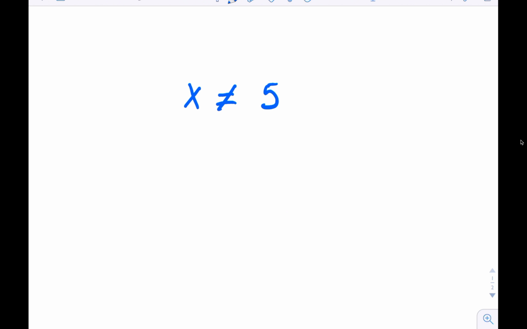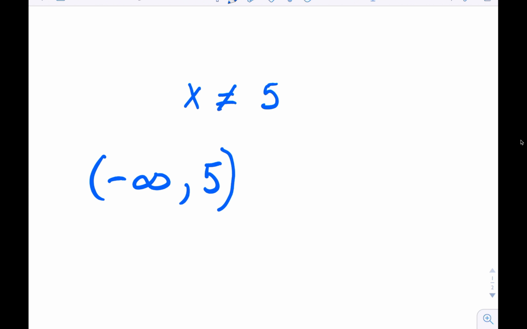So all the way out on the left, you're going to start at negative infinity, which I'll leave as an open parenthesis. Then imagine that you're walking along the number line, and as you get closer to 5, once I get to 5, I can't use that particular number. So I have to stop, and I include an open parenthesis there, again because I can't use 5, but I can use the numbers before 5 and the numbers after 5.